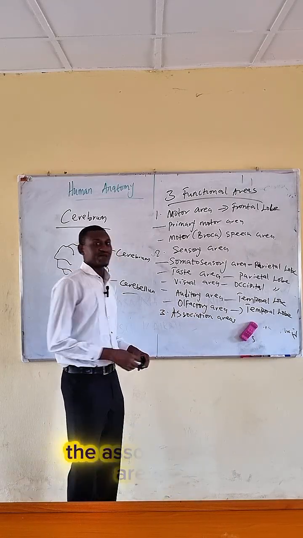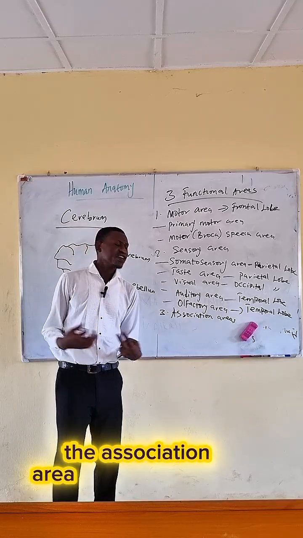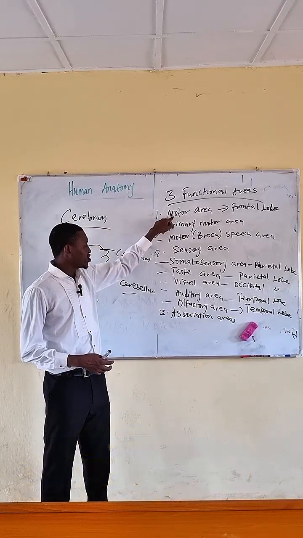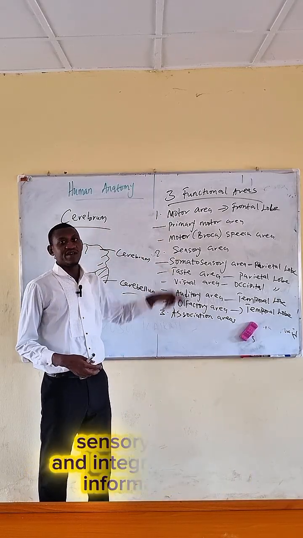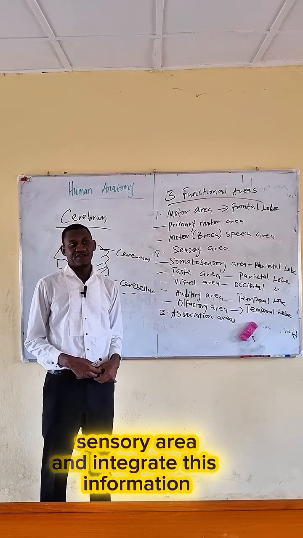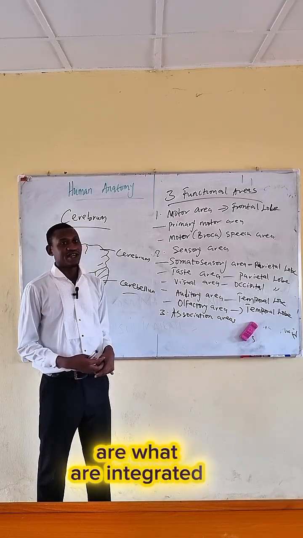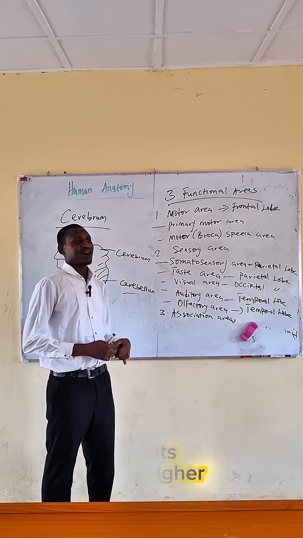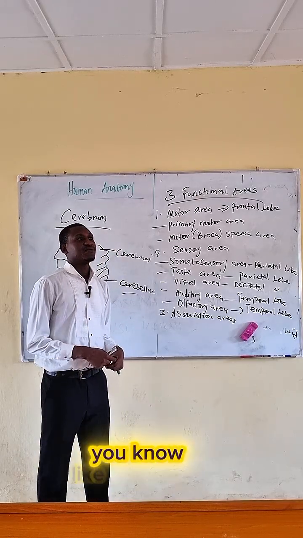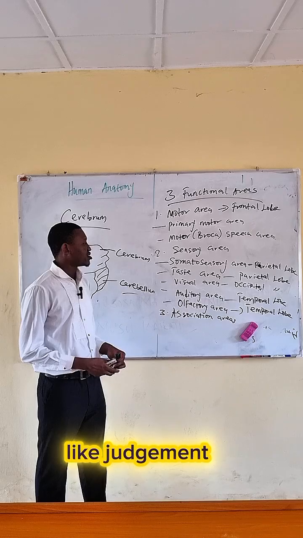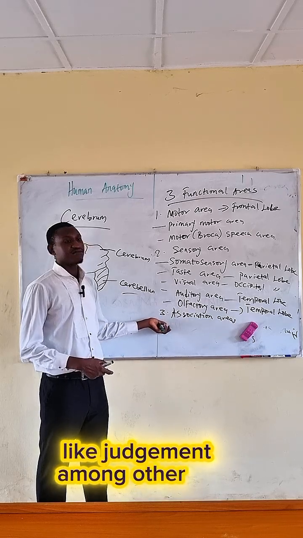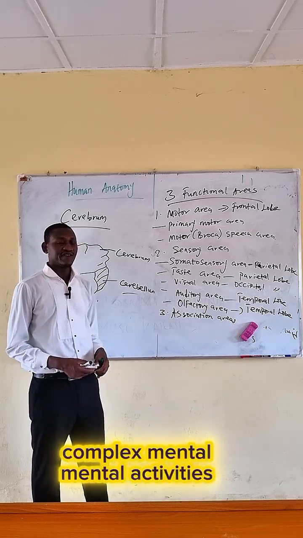Then lastly, the association area. The association area receives impulses from the motor area and sensory area and integrates these impulses. When these impulses are integrated, it results in higher cognitive abilities, like reasoning, like judgment, among other complex mental activities.